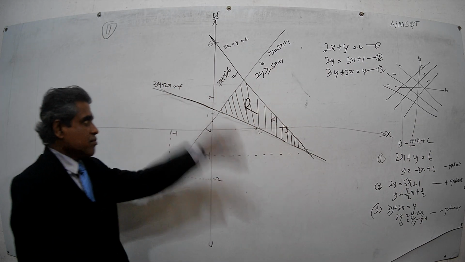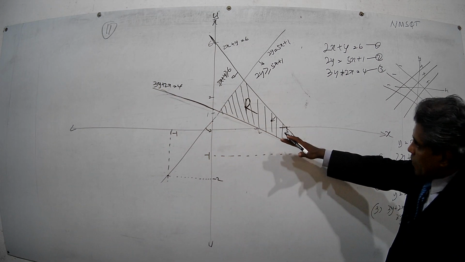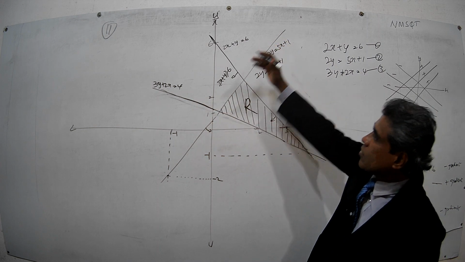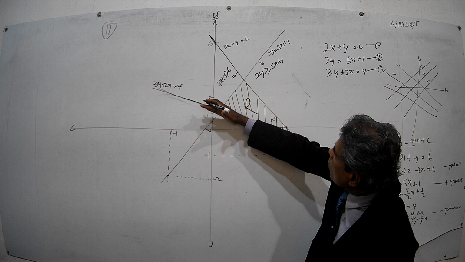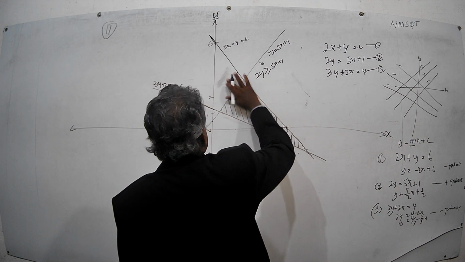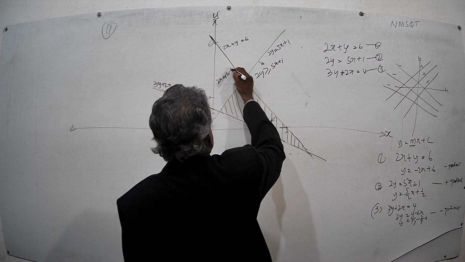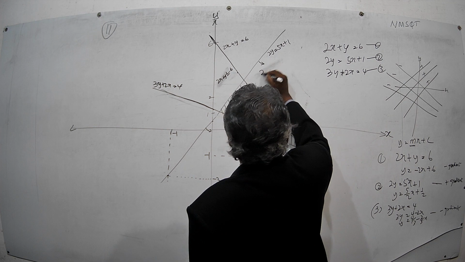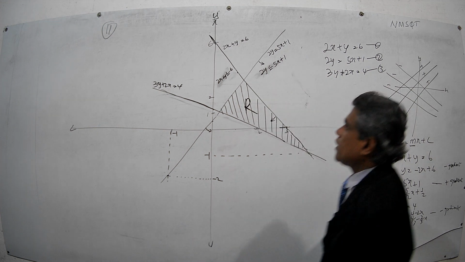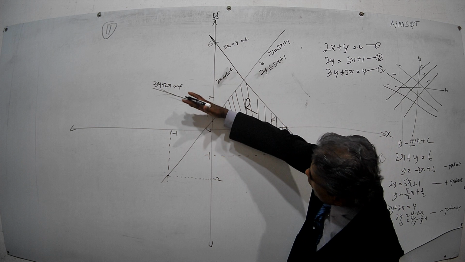Then take this one. From this line, the triangle is in the region above the line. Region above, y more than. Region below, y less than. Now from this one, the triangle is above the line.